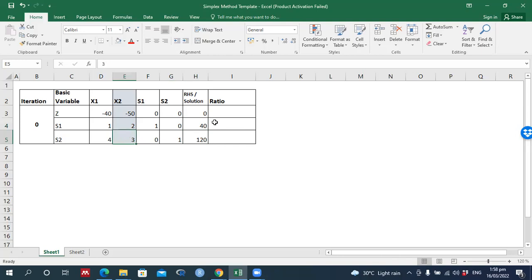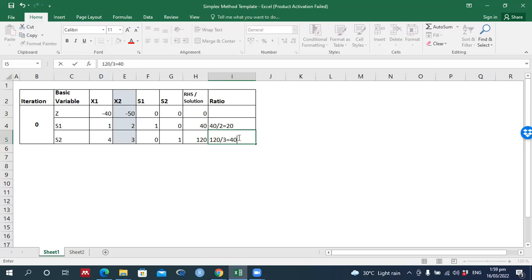Please, do we get it? So the first row, we're going to have 40 divided by 2, and that will be equal to 20, right? Then the second part, we're going to have 120 divided by 3, and that will be equal to 40.